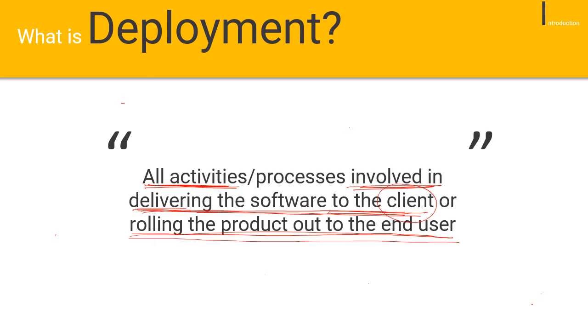Deployment is also applicable to software given out in the form of CDs, pen drives, or DVDs, or ones that end users download and install themselves, not just ones you directly deploy onto a server. That process, where you install the software by yourself, is also called deployment.